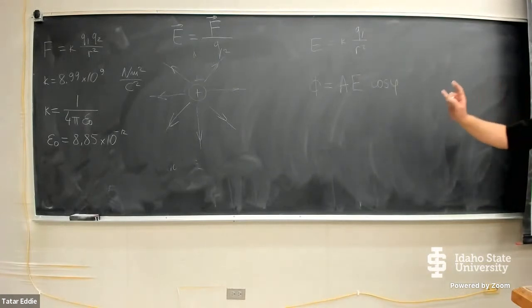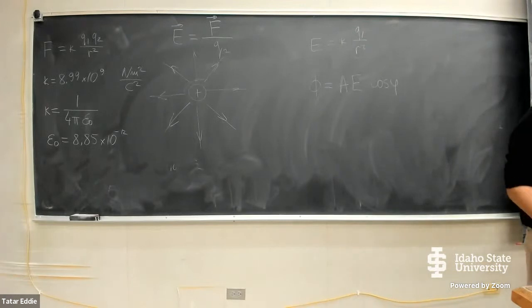So this is a definition for electric flux that goes through area that is flat, like this piece of paper.